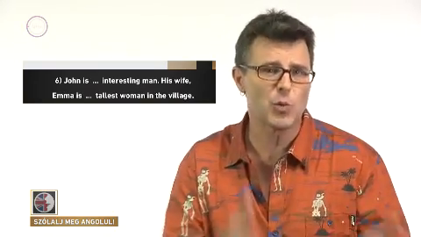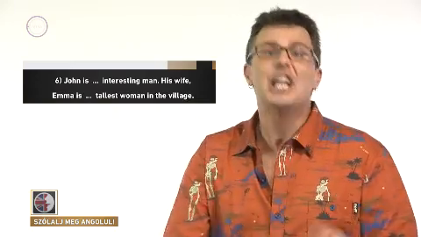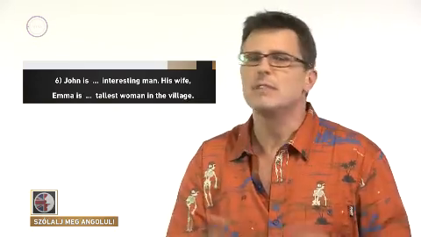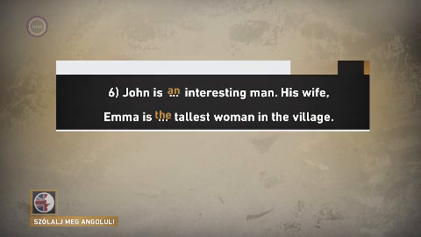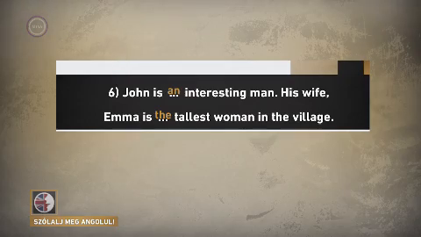Just like John's wife. In this village, she's the tallest. Definite article. John is an interesting man. His wife, Emma, is the tallest woman in the village. Okay, well done everyone. Practice over and, in fact, it's lesson over.